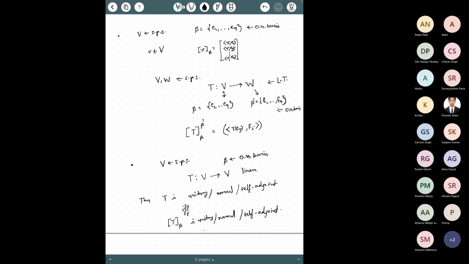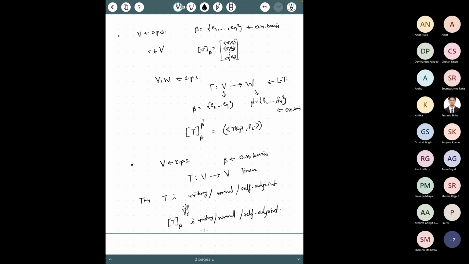Self-adjoint is also known as Hermitian. So we can talk about properties of unitary, normal, and self-adjoint operators if we know properties of unitary, normal, and self-adjoint matrices.